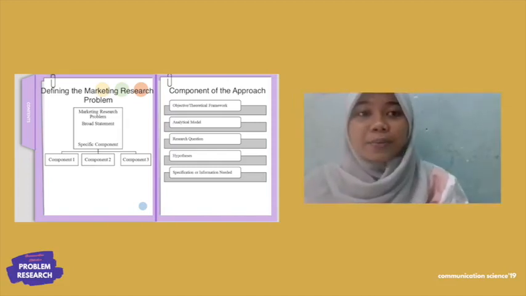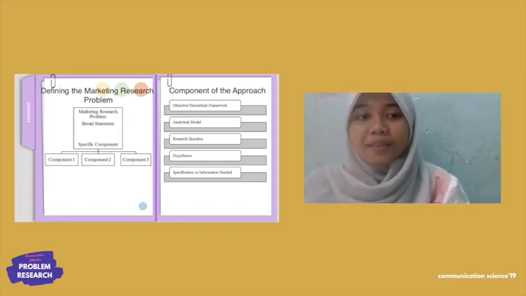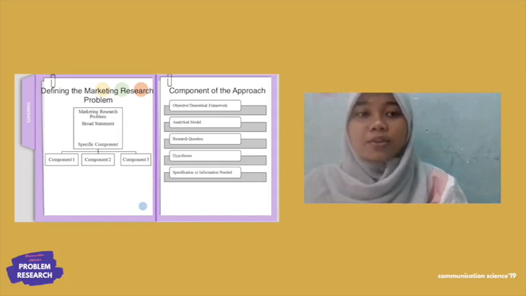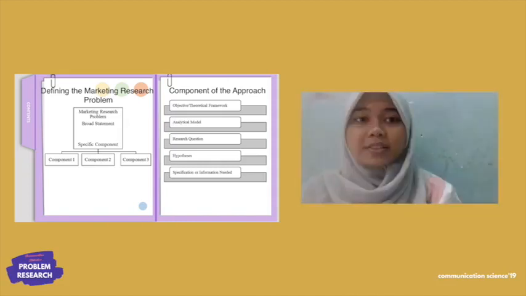Third, research questions. Research questions are refined statements of the specific components of the problem. Fourth, hypothesis. A hypothesis is an unproven statement or proposition about a factor or phenomenon that is of interest to the researchers. The last, specification of information needed.